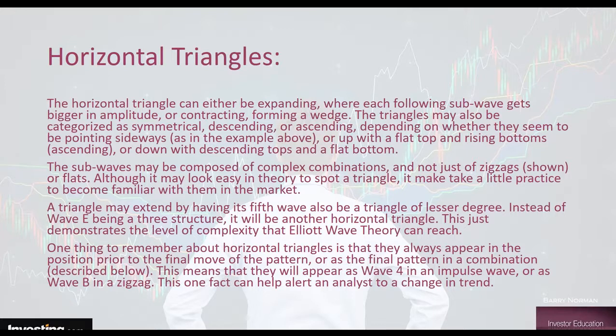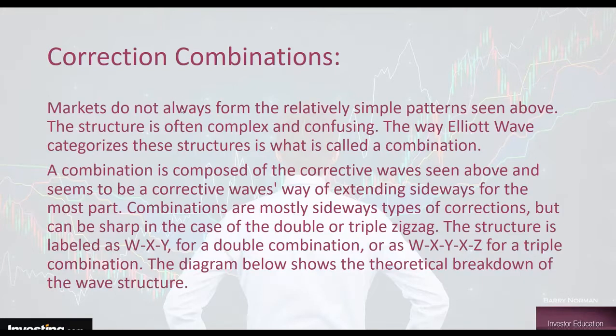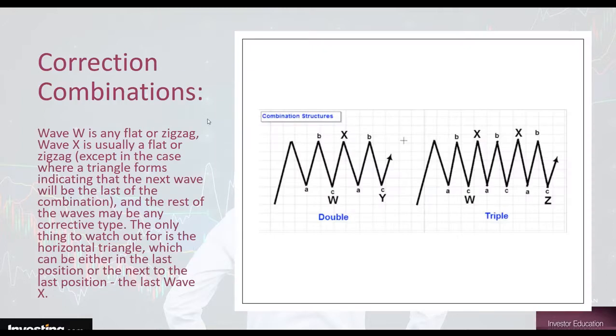The subwaves may be composed of complex combinations and not just zigzags or flats. A triangle may extend by having a 5th wave also be part of the triangle. Then we have correction combinations. And in correction combinations, wave W is any flat or zigzagging wave.